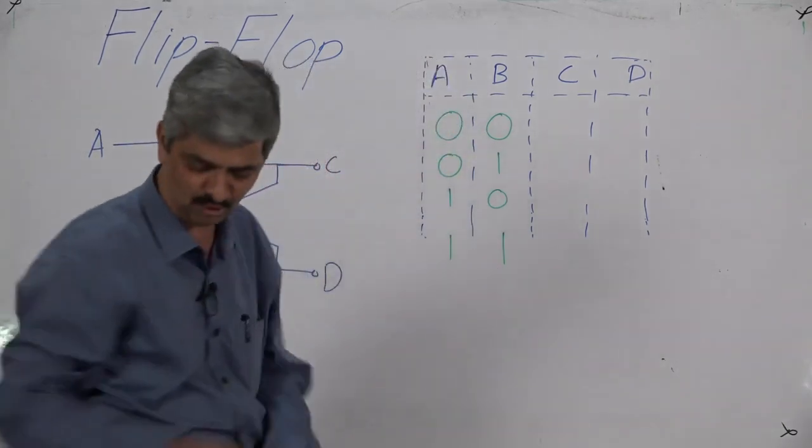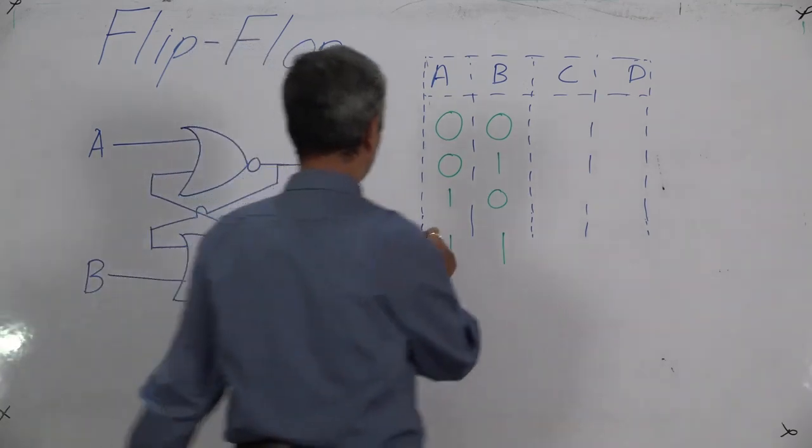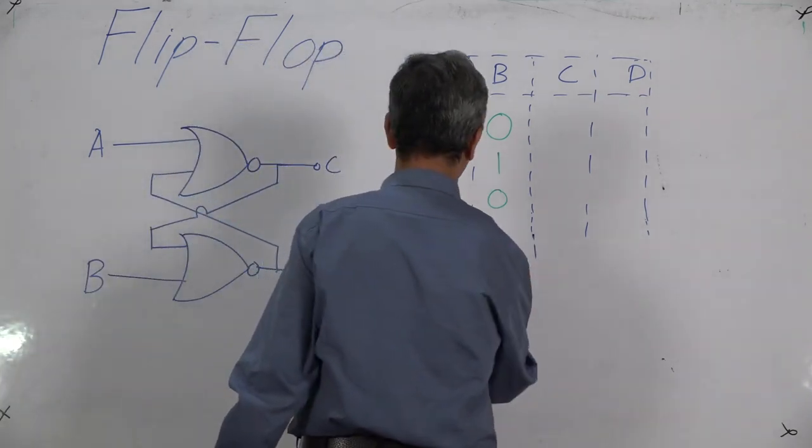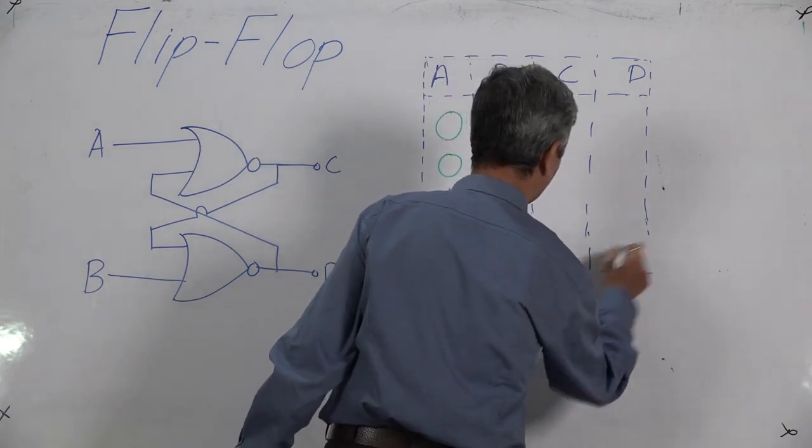So there are 4 input combinations: 0, 0, 0, 1, 1, 0 and 1, 1.